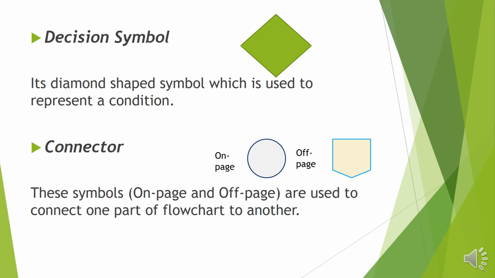The words true or false can also be used instead of yes or no. Then there are connector symbols. There are two types of connector symbols, on-page and off-page connectors. These symbols are used to connect one part of the flowchart to another part of the flowchart.